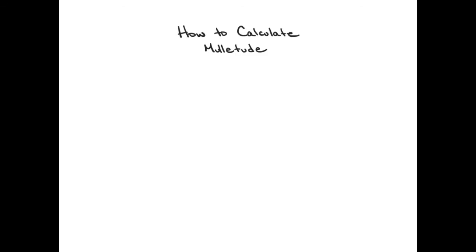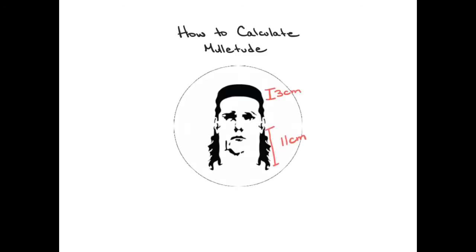And I'll start with a picture example. In the mullet below, we see that the front of the head has a measurement of 3 centimeters, and the back of the head, the measurement is 11 centimeters. That would put our mullet ratio as 11 to 3, party to business. Now, when we calculate our mulletude, we're actually going to turn that ratio into a fraction form.